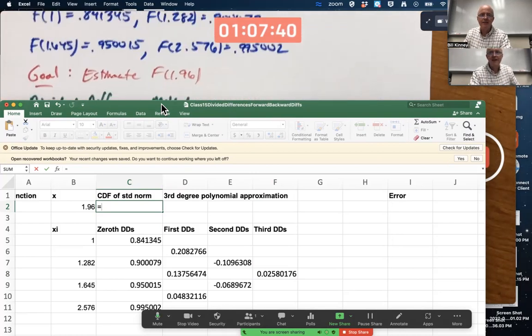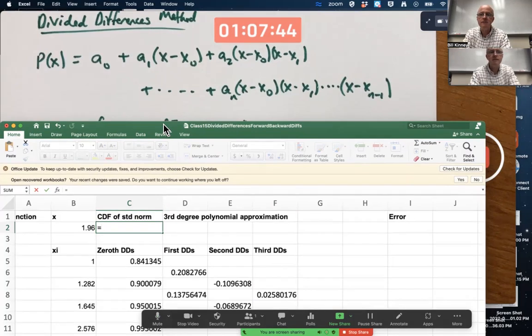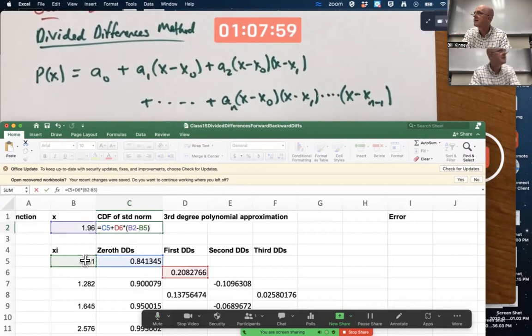Now I want to go back and think about this formula up here. I want to use that. A0 plus A1 times x minus x0. See what I did there?